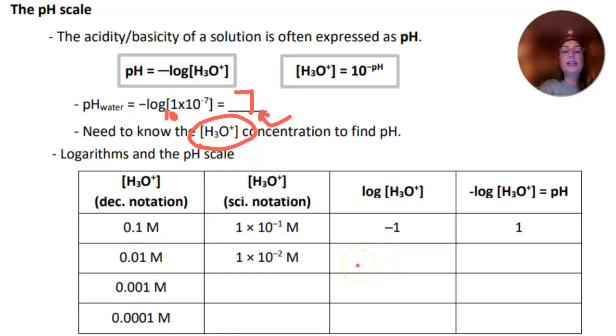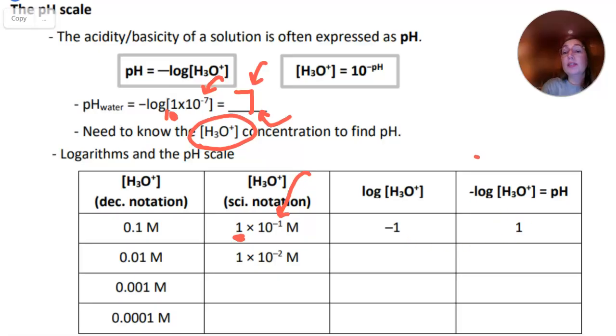So here's the idea. Just like the exponent here, if it was a whole number, gave us the pH, we can do some examples. If you have a 1 in front of your H3O plus concentration, then your exponent tells us your pH. In other words, if we take the log of 1 times 10 to the minus 10, we get a negative 1.